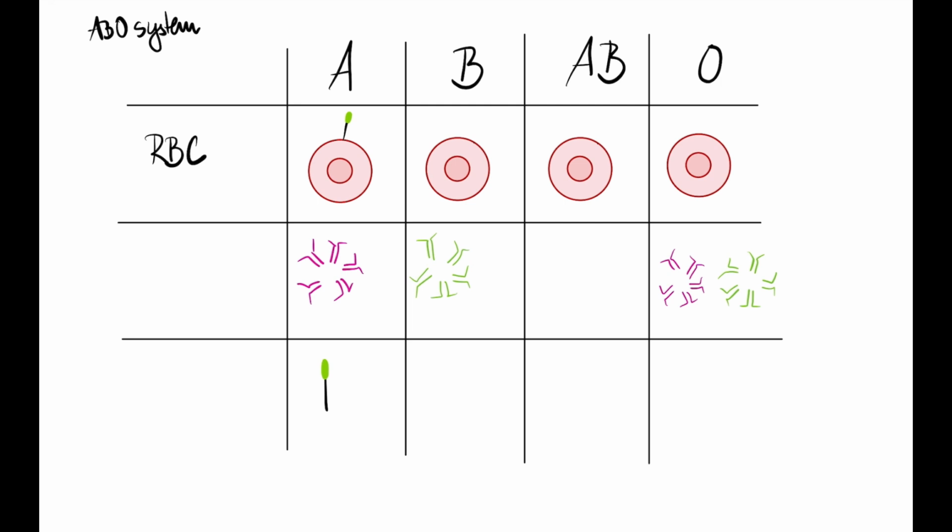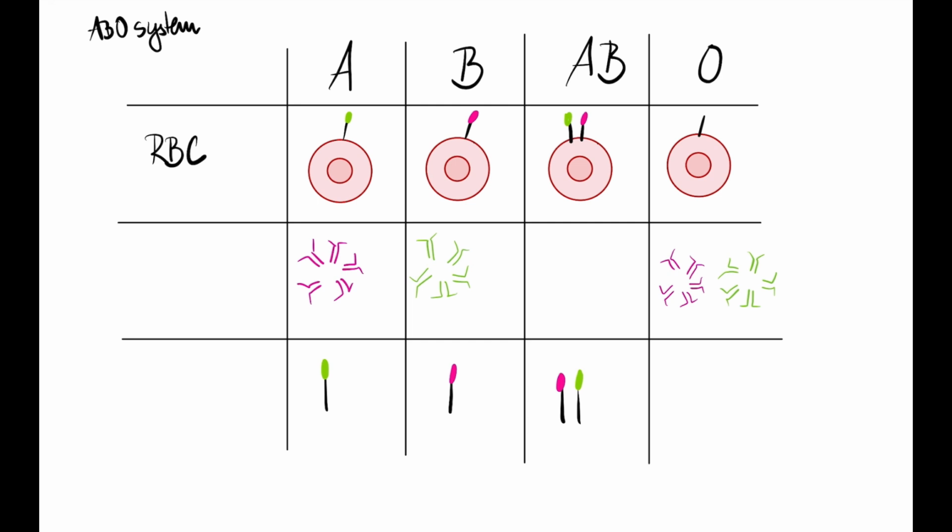Then let's move on to the red blood cell type B. They all will have, let's just say, pink antigen, and that's antigen B. What about AB? AB will have both of these, A and B. What about blood type O, you might ask? Well, it just has this, let's mark it as the black stick, but nothing on it.